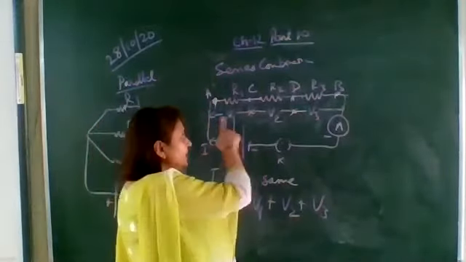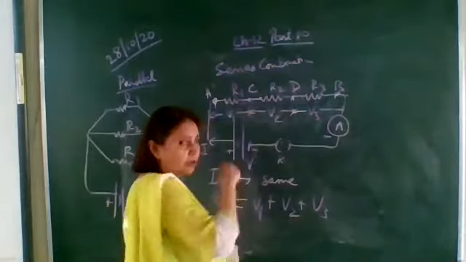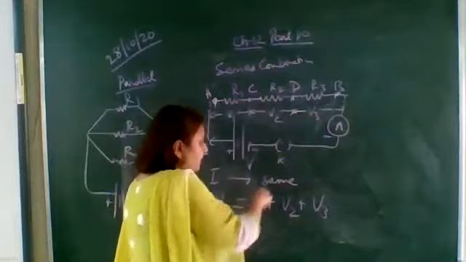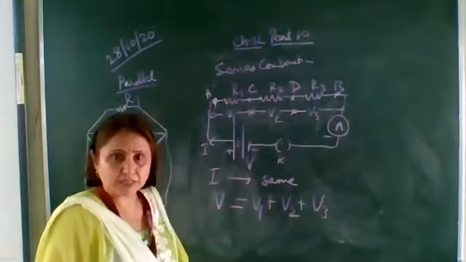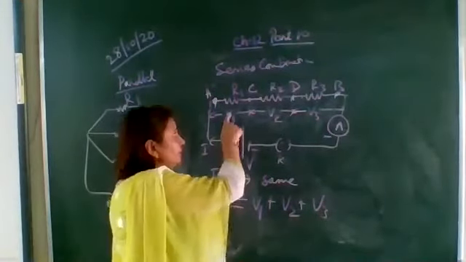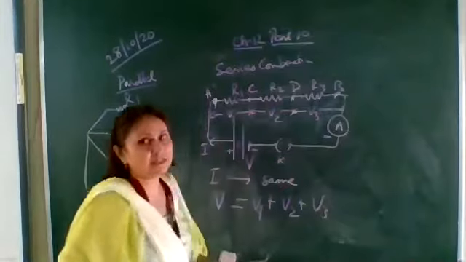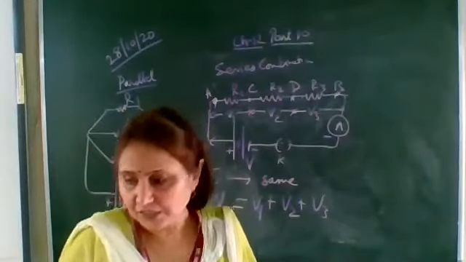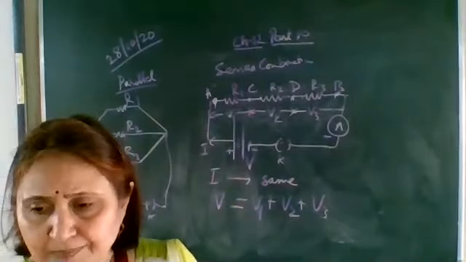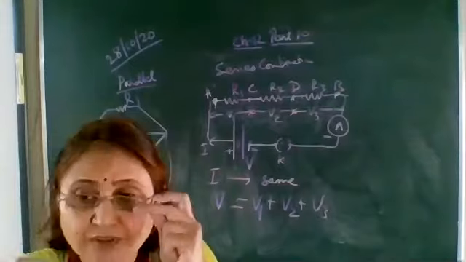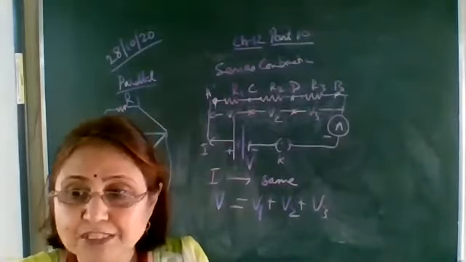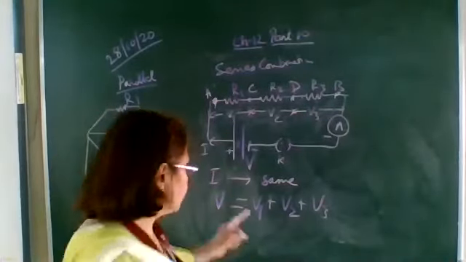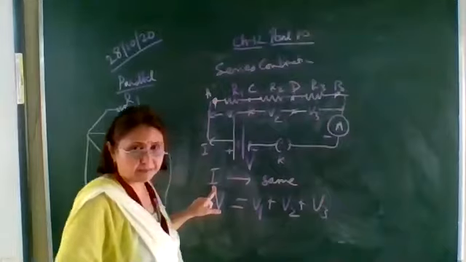But the potential difference given by the battery, when we connected between A and B, will be equal to the sum of the potential differences developed across each resistance. So V is equal to V1 plus V2 plus V3, whereas the current flowing is the same.